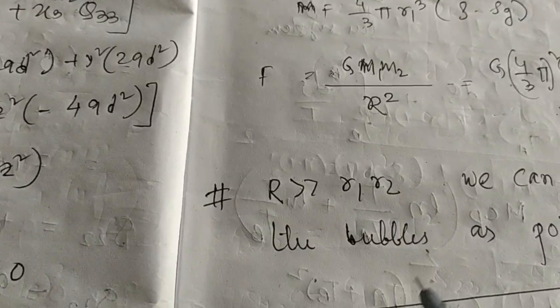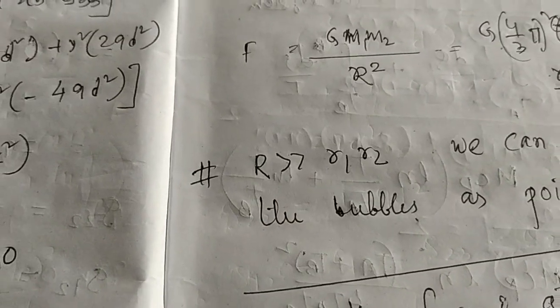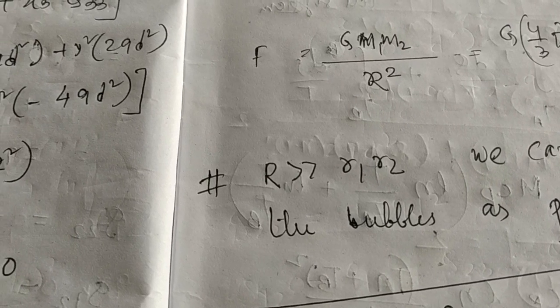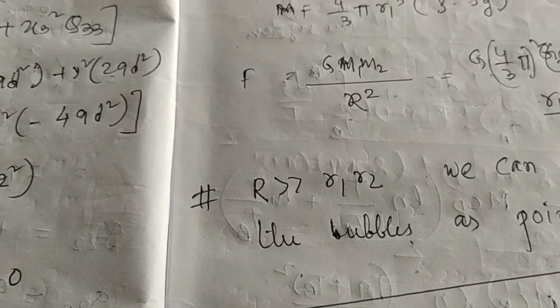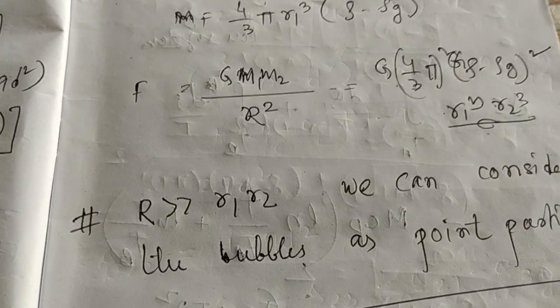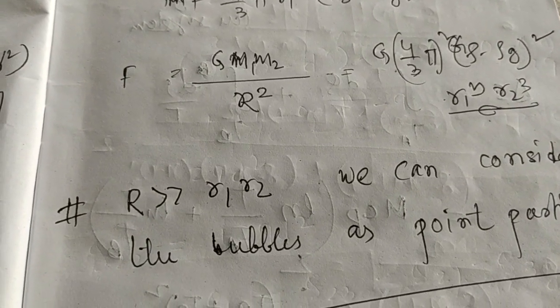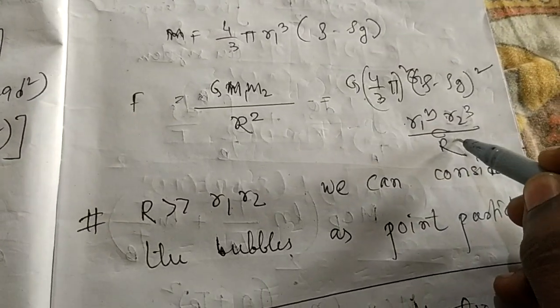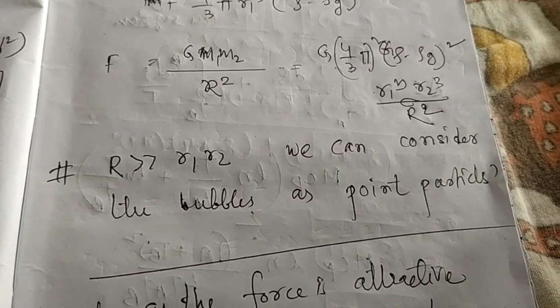Because r is much greater than r1 and r2, we can consider those bubbles as point particles of mass m1 and m2. So just putting those formulas in, we get this answer. So there should be r squared. Okay.